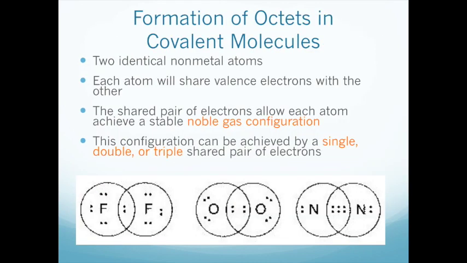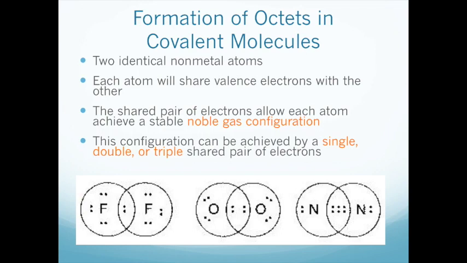Now, for larger atoms, we begin to talk about something called an octet. This is when there are 8 valence electrons around each atom that exist in the molecule. We can talk about this in terms of a number of diatomic molecules of identical atoms in which the atoms share valence electrons with each other.